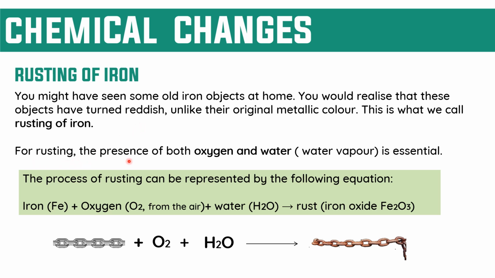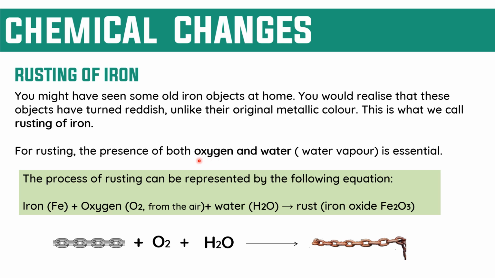For rusting, the presence of both oxygen and water, or water vapor or moisture, is essential. This is important for rusting: the presence of both oxygen and water, then only rust is formed.